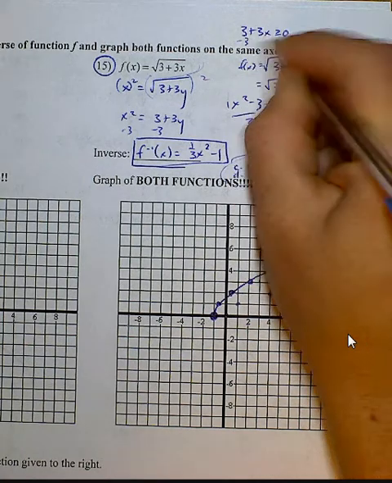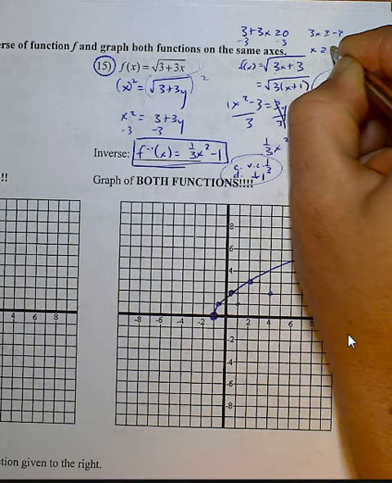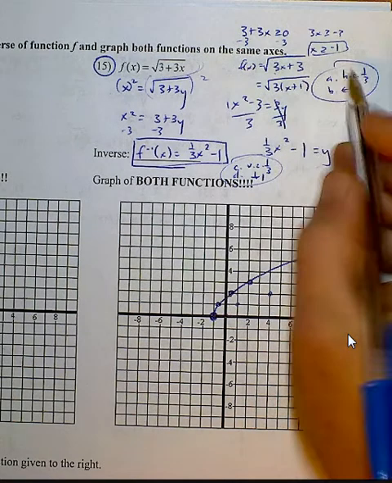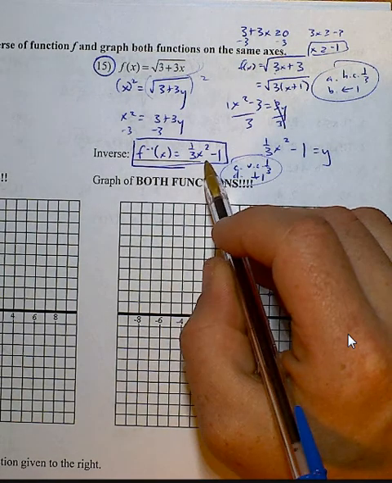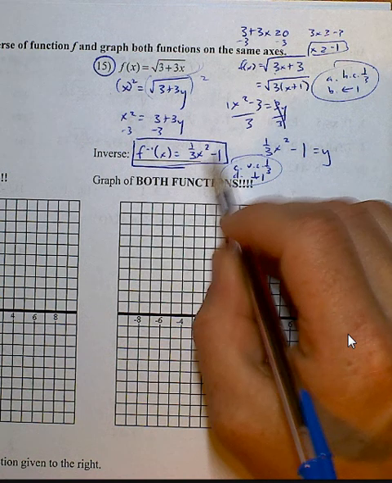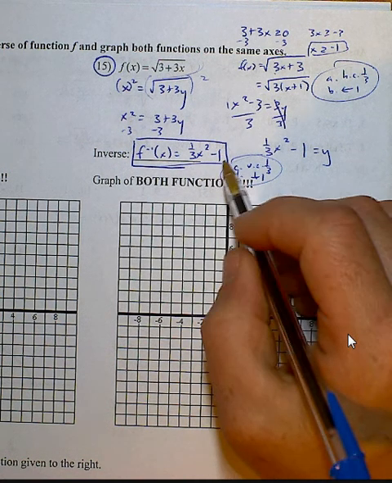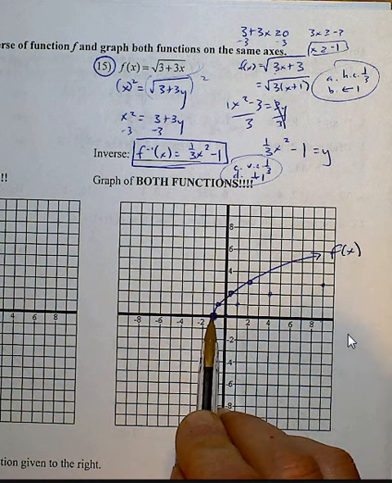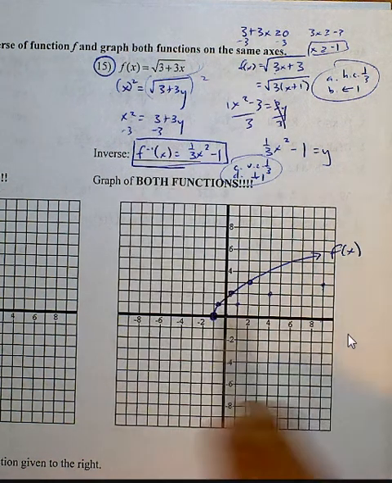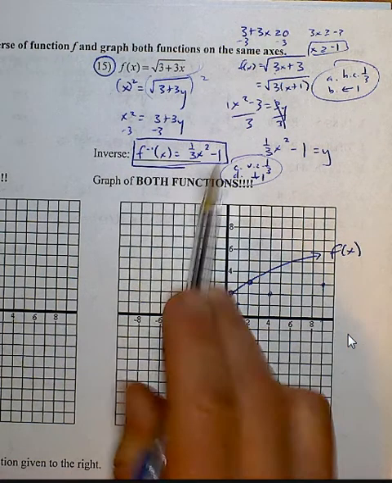Well, if you solve that, x has to be bigger than or equal to negative 1. So that means that when I write this function down here, I have to make sure that I include that domain restriction. So we can see here that my x values, when I graph that function, have to be bigger than or equal to negative 1.